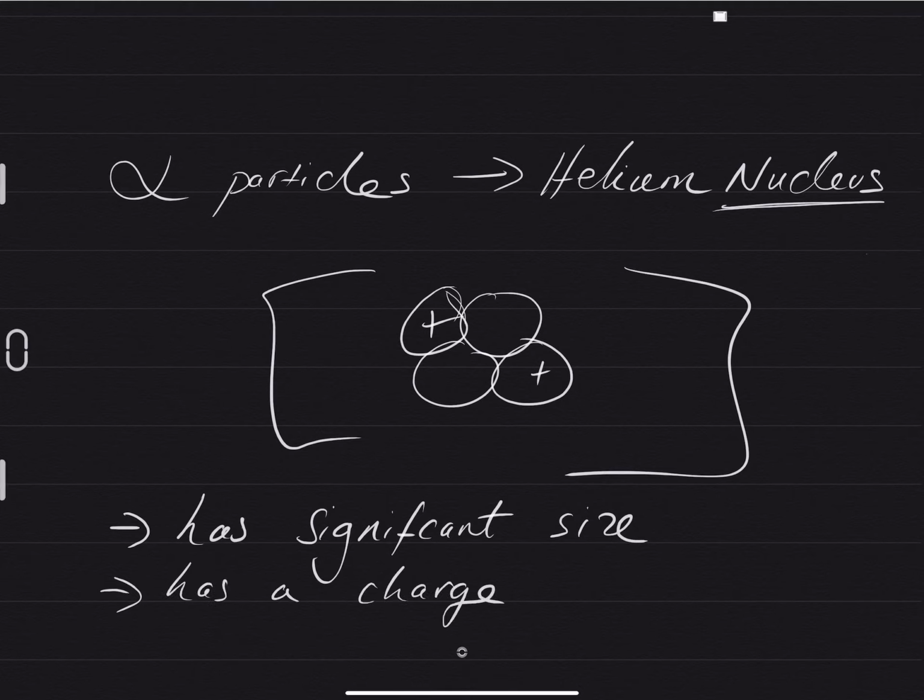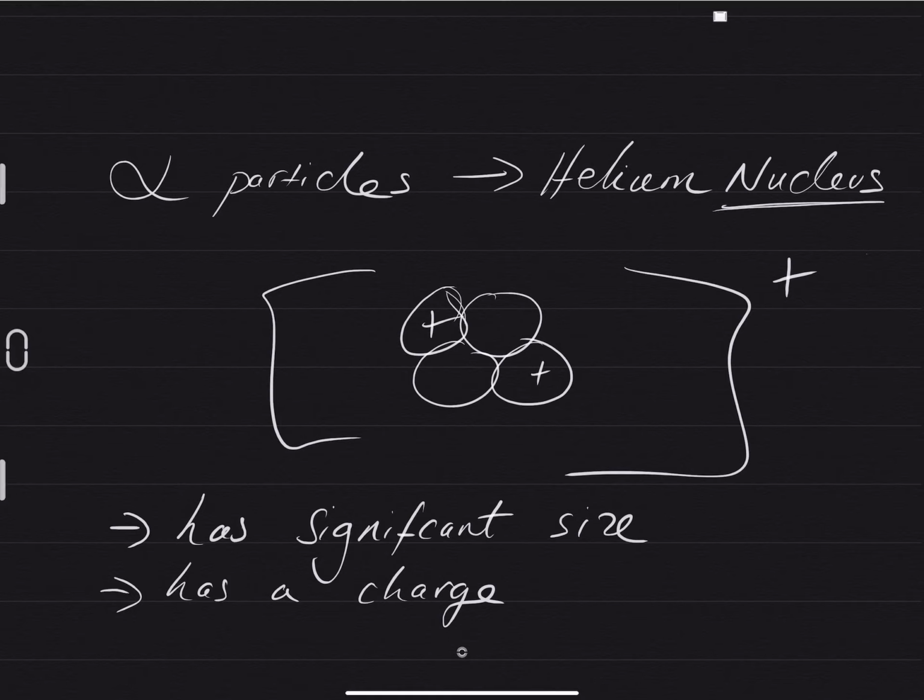Now, if you were to look at this helium nucleus and I was to ask you, could you tell me the charge on an alpha particle, the overall charge, you should be able to tell me that it is positive. This is because we have 2 protons and 2 neutrons. Neutrons being 0 in charge and protons being positive, the overall charge of the alpha particle is positive.